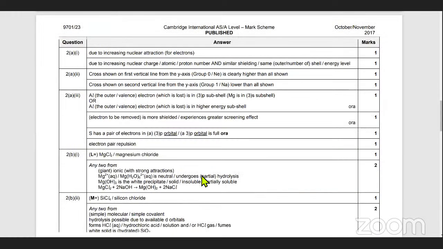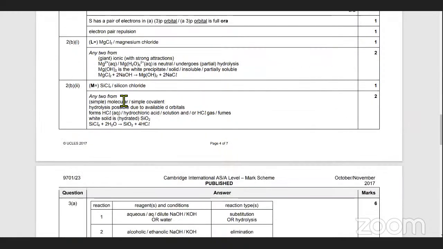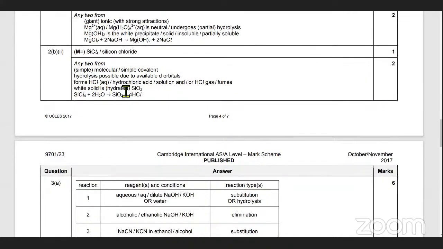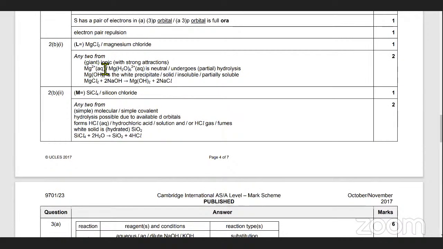Okay, it's given as SiCl4, no reason is given. But you are asked to write reasoning, so you have to give the reasoning, and we have done all the discussion. One was ionic, the first one MgCl2. It had high melting points, it was ionic, an almost neutral solution because there was only partial hydrolysis or very weak hydrolysis. Mg(OH)2 is the white precipitate, which we also discussed, and they probably give only 2 marks, so any 2 from this.